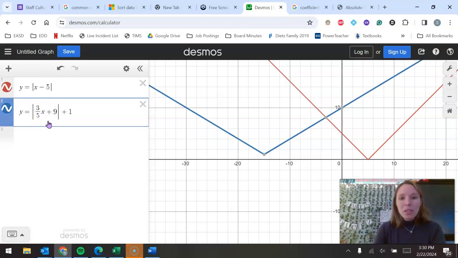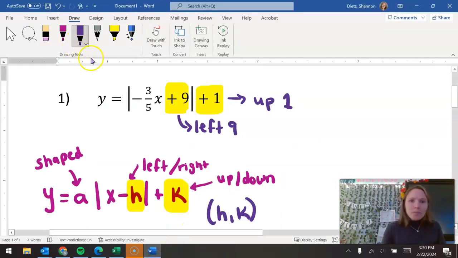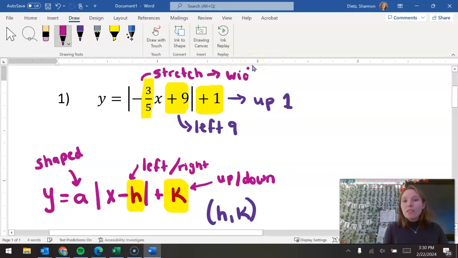There's the 3, but if we put the negative sign in the front, it now switched directions. Okay, so if I look back here, that 3/5 is going to stretch our graph, and it's making it wider.